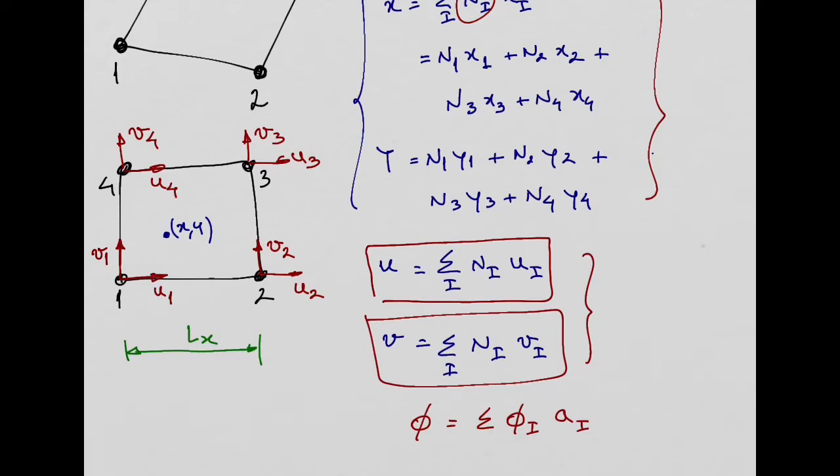So we define these approximation functions as we do for the finite elements. We are going to see for this quadrilateral element with 4 nodes what are the shape functions we are going to use. So we define a priori these shape functions, and then we replace the approximation function in our differential equation, remember, and then we solve for these unknown parameters A. This is what we did in the past sessions.